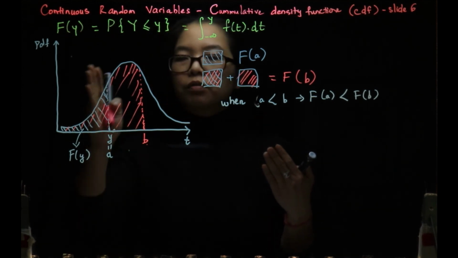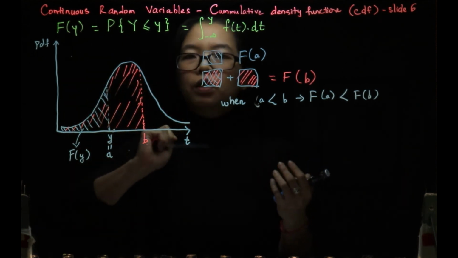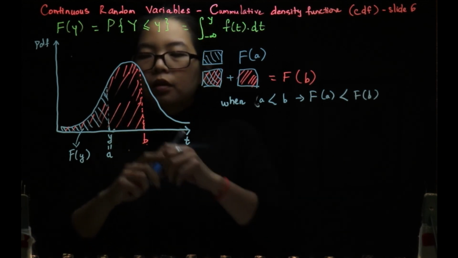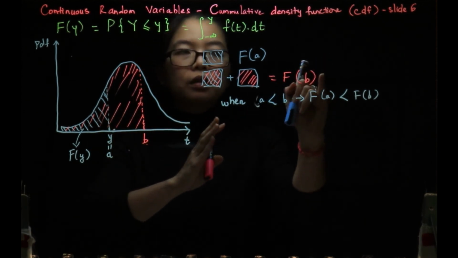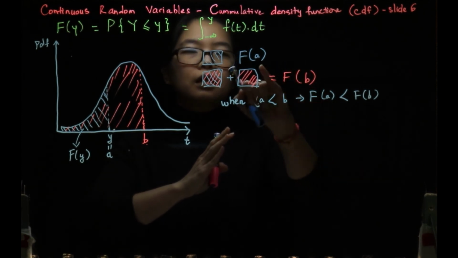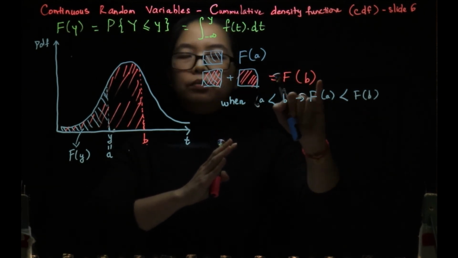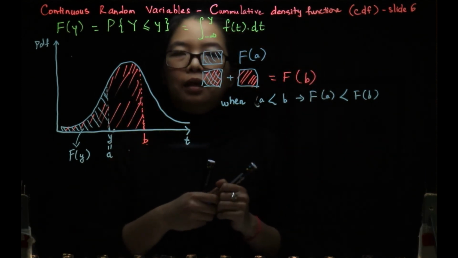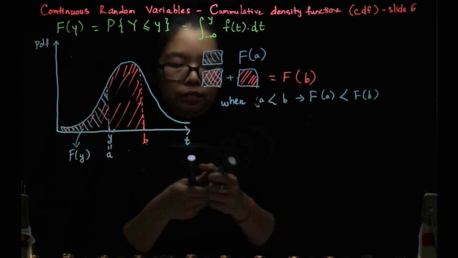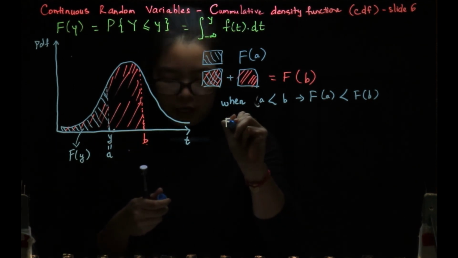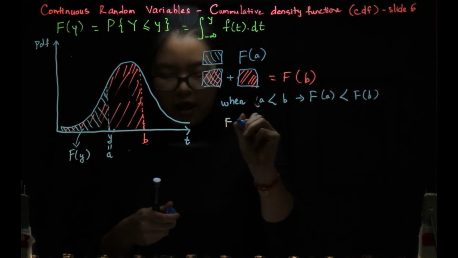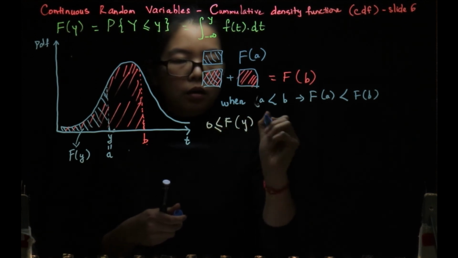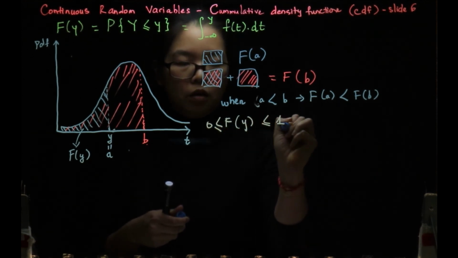However, because the total probability of the whole distribution must be 1, therefore this cumulative distribution, either up to A or up to B, must be at most equal to 1. So another thing on the slide is F(y) must be between 0 and 1.